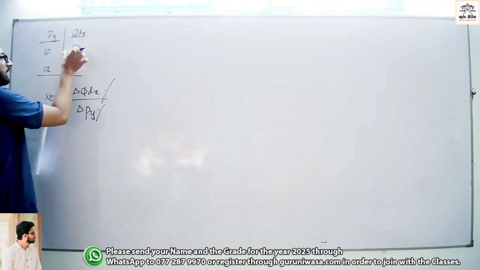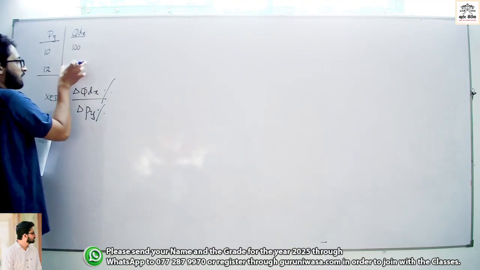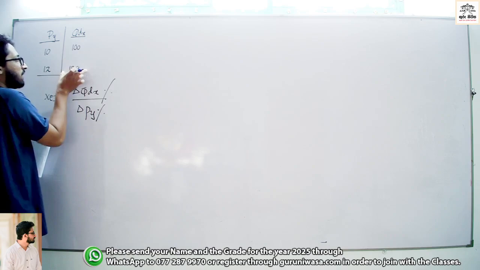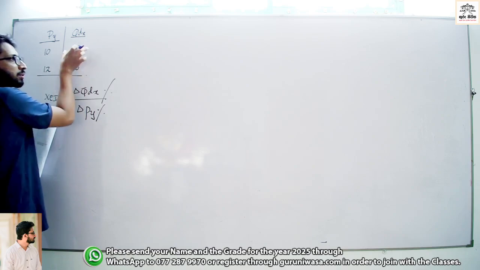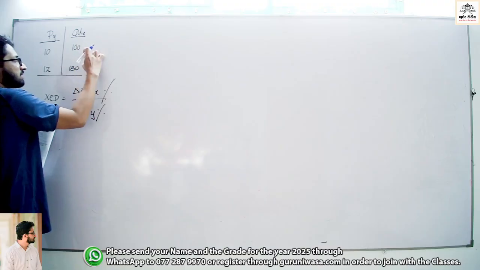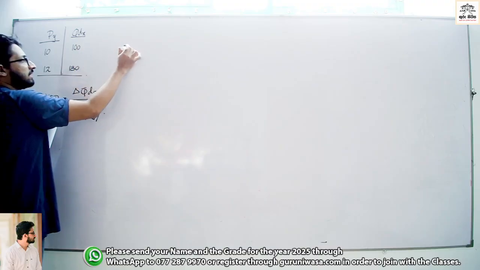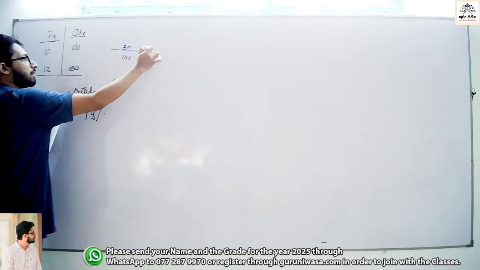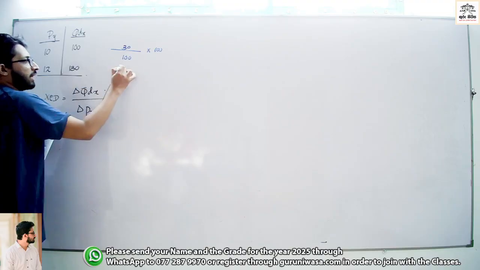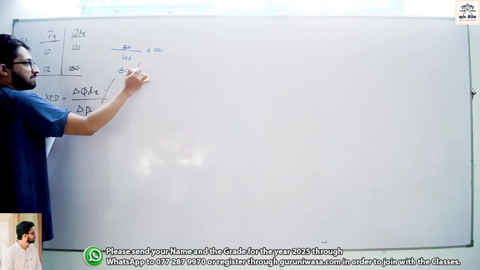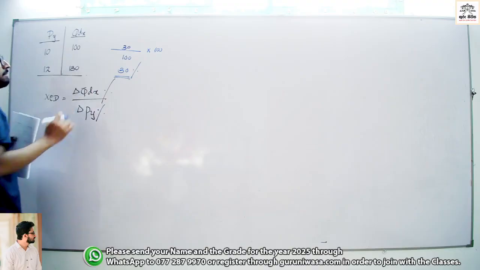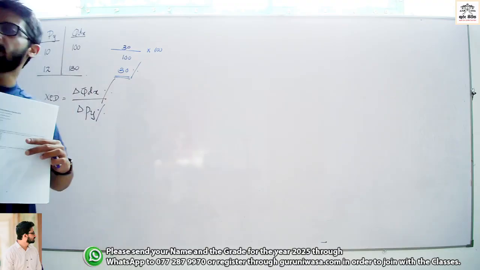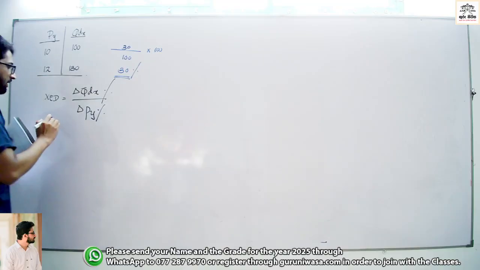Very good. Then how to calculate percentage change in quantity demanded of X? Take the difference, 30, divided by original value 100, into 100. It's 30%. Quantity demanded of good X has increased by 30%.